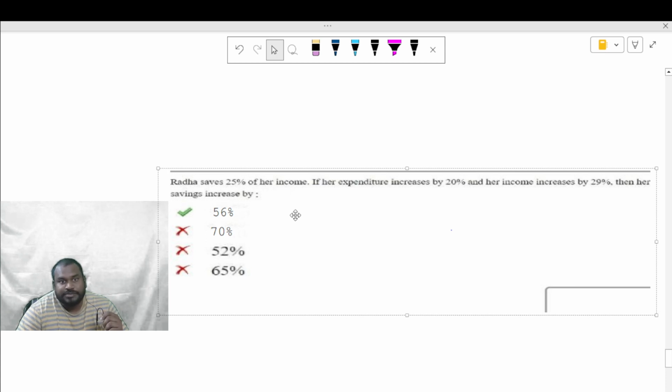Rather saves 25% of her income. If her expenditure increases by 20% and her income increases by 29%, then her savings increase by? See, when you save money, you get a salary, you spend some money, and the remaining amount is saving.